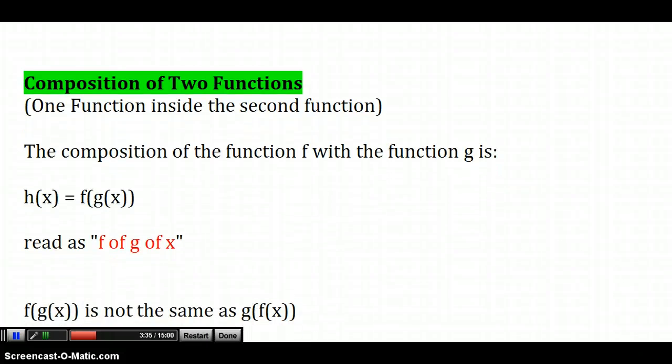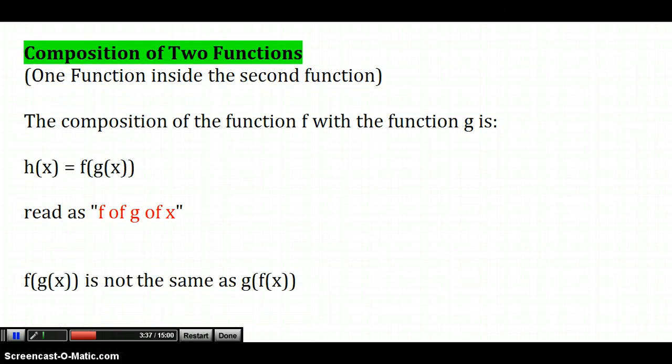Now let's actually talk about the composition of two functions. The composition of two functions is just one function inside of another function. So if we had the functions f and g again, and we wanted to compose g within f, what we're doing is we're plugging the function g inside the function f.